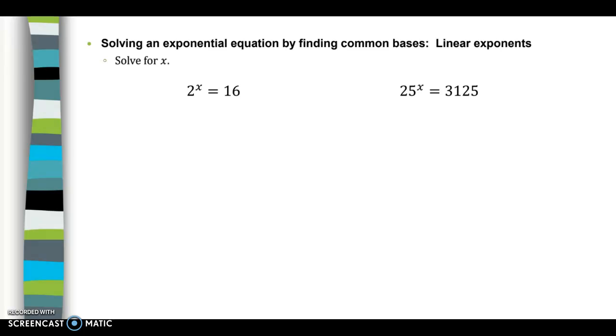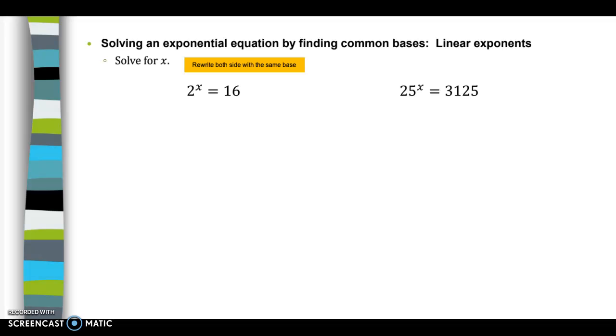Everybody, in this video we're going to talk about solving an exponential equation by finding common bases with linear exponents. So whenever we do these problems, our first step or goal is going to be to rewrite both sides with the same base.